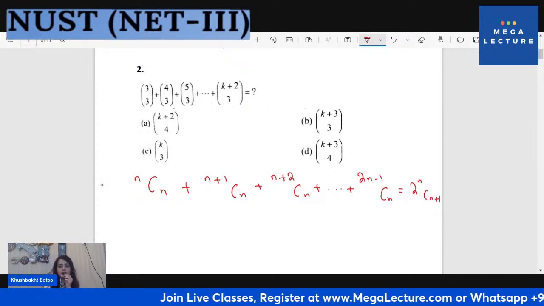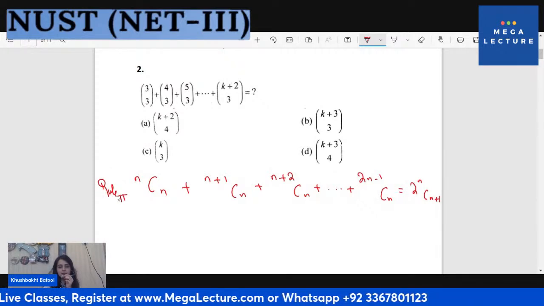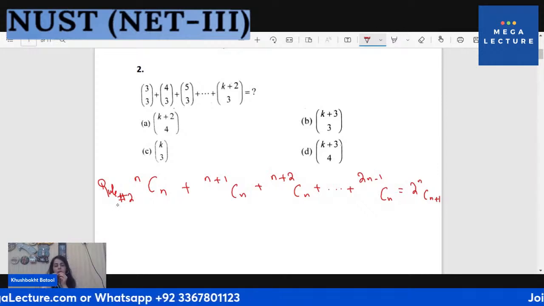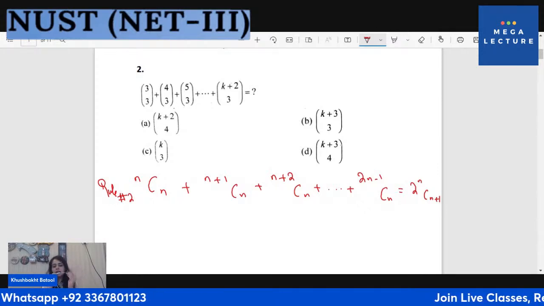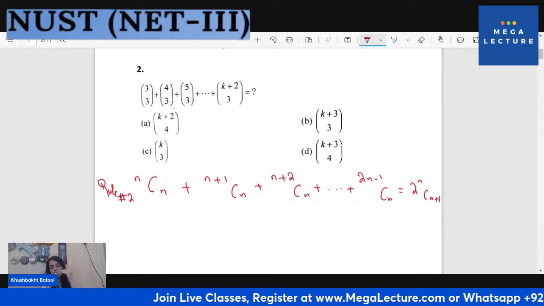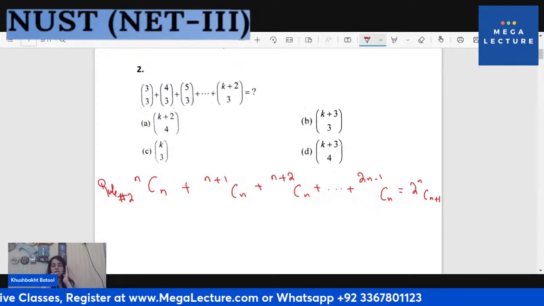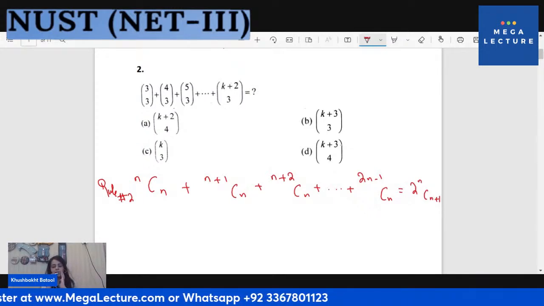I can write it as rule number 2. Okay, rule number 2 is you have nCn plus n plus 1Cn plus n plus 2Cn, so on. This adds up to give you 2nCn plus 1.